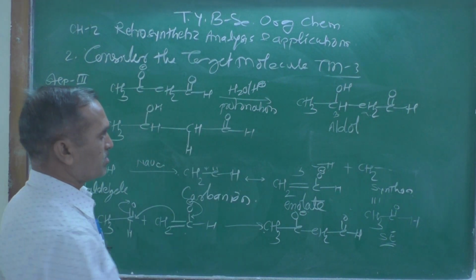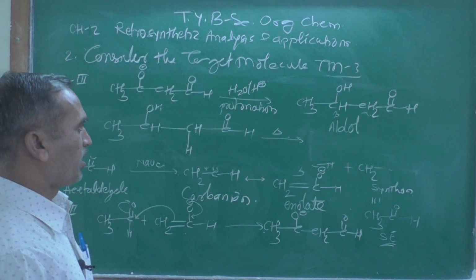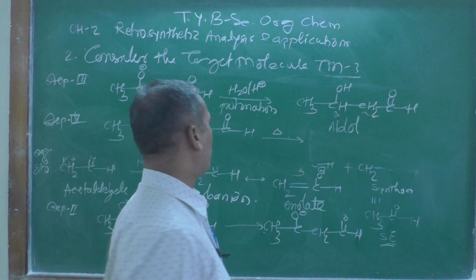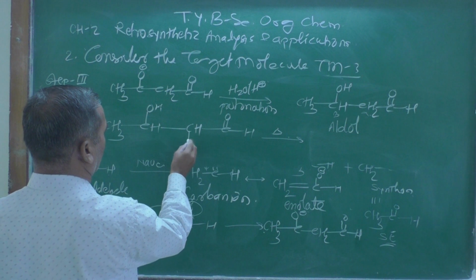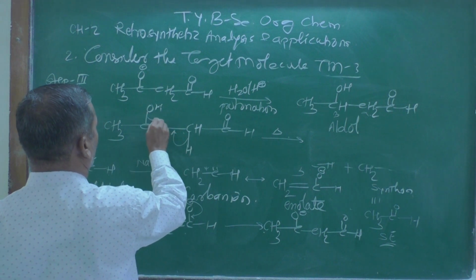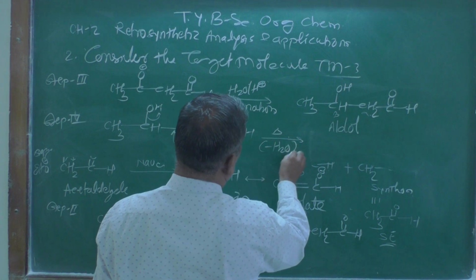They are as it is, and just heating it. That triangle indicates heating, and after the heating it loses the hydrogen atom. This hydrogen atom in this way, and OH from here, there is an elimination of a water molecule.